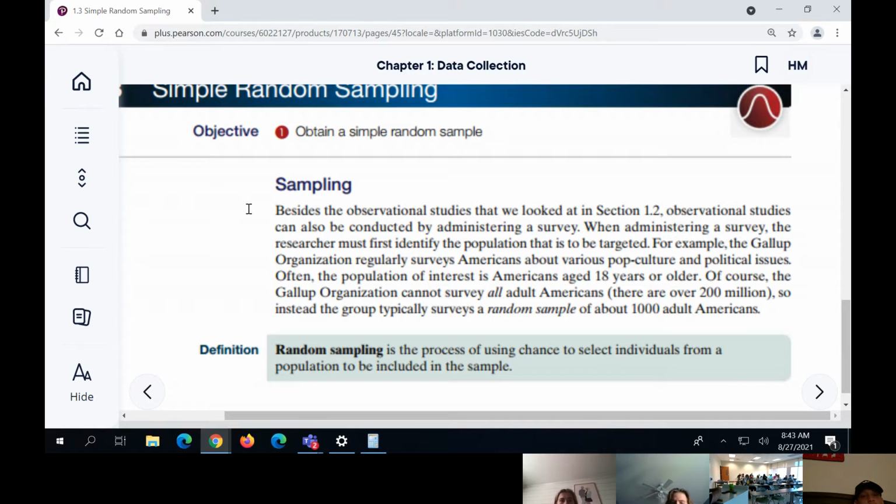Is that a random sample? Yes. What if one of you decides to use a pink one, and you fold yours in quarters and put it in the fishbowl? Is it a random sample now?